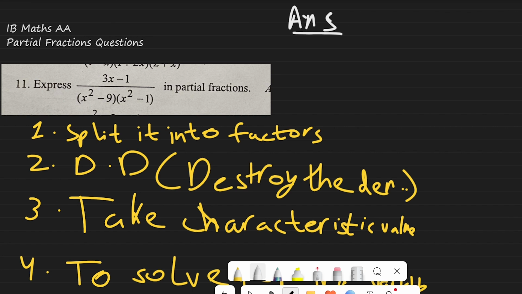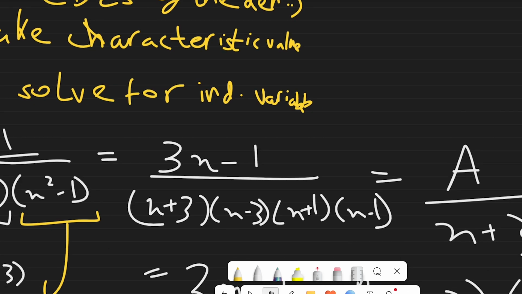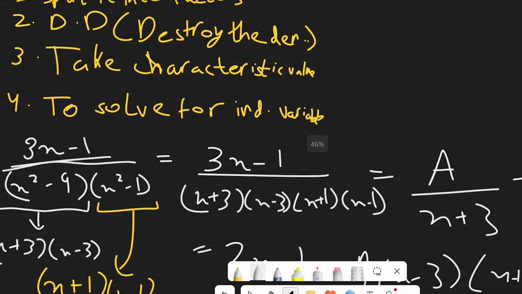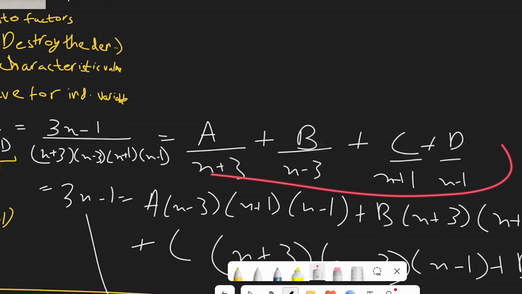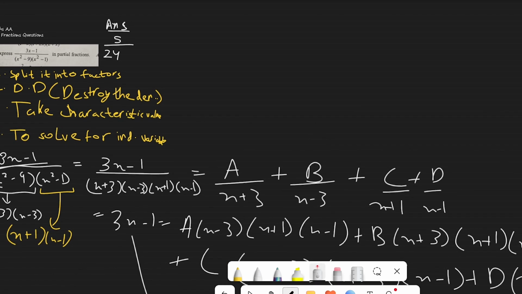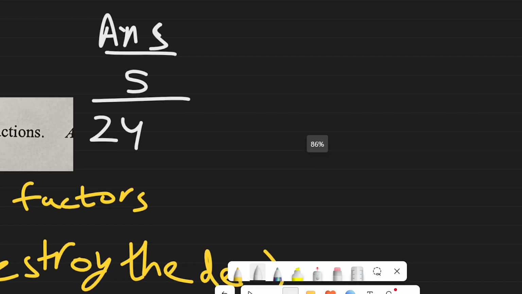So we have 5 over 24 as A, and the factor of A is, you need to see from here, we basically need to replicate this, but we need to insert the values of A, B, C, and D. So this is x plus 3 in the denominator, 5 over 24 into x plus 3. That is very, very neat. I did not expect that from me.